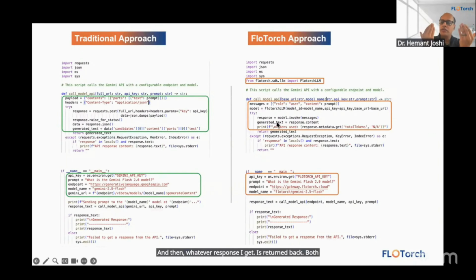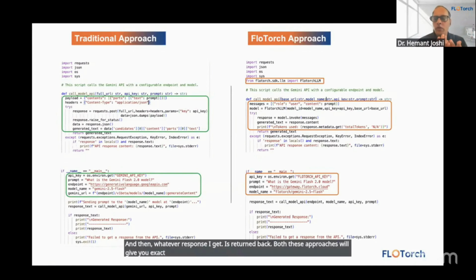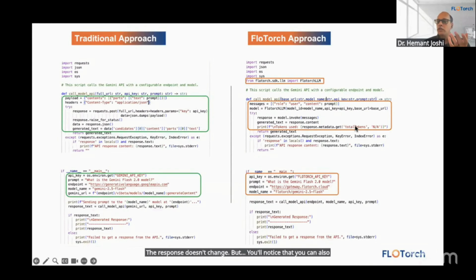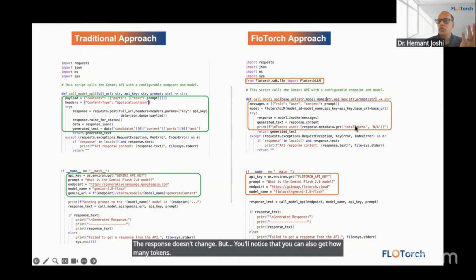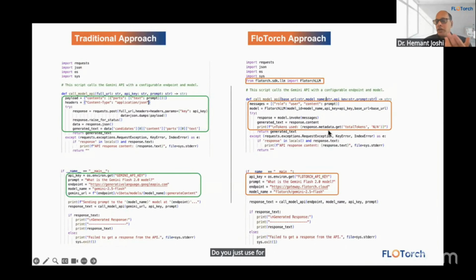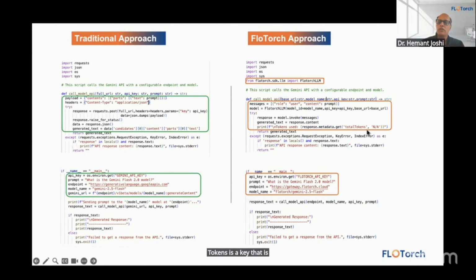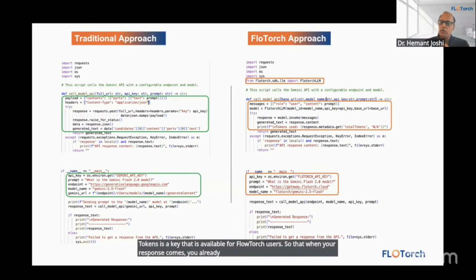Both these approaches will give you the exact same response. The response doesn't change, but you will notice that you can also get how many tokens you just used for this, right? I'm just giving you an example. Response.metadata.get total tokens is a key that is available for FloTorch users, so that when your response comes, you already know how many tokens you have.